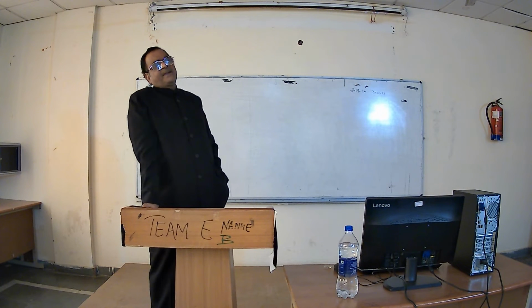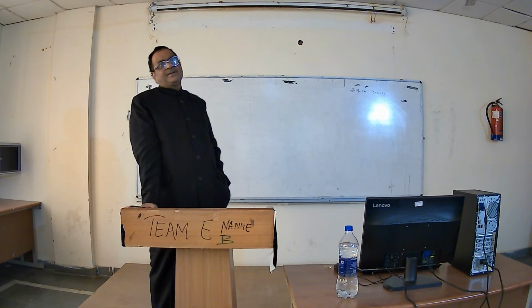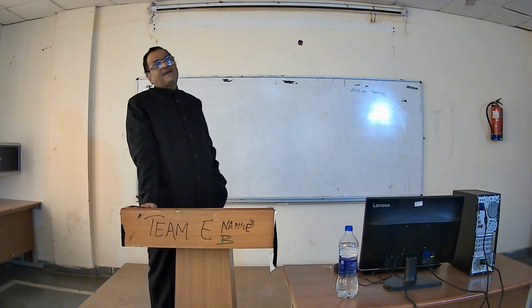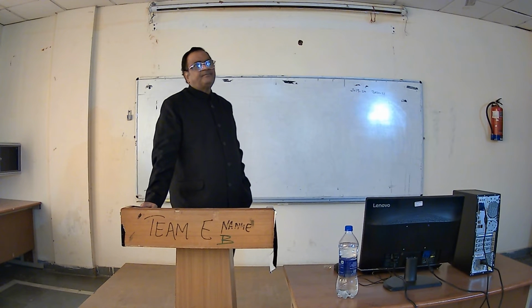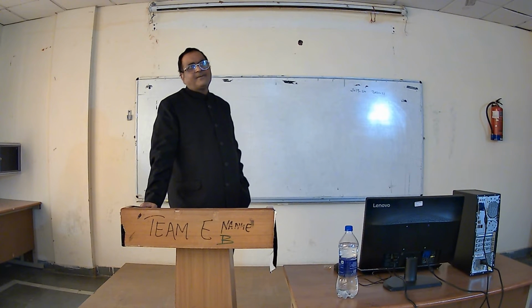The formula is equal to units of production into variable factory overhead per unit. 2019-20 equal to 100 units into rupees 20.